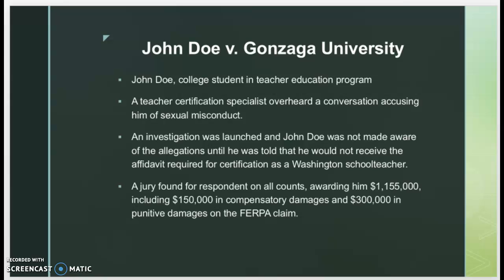Without speaking to John Doe, and without having more information, he launched an investigation and interviewed other students, all without John Doe being made aware of these allegations. He had no idea that he was being accused until he received the affidavit saying that he was not going to receive his clearance to be a school teacher.